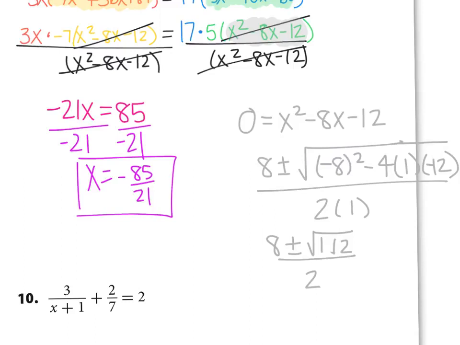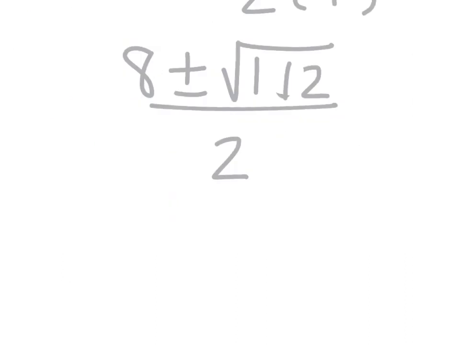I missed that problem. Okay, can we take the square root of 112? No, we don't get something nice. Can you simplify that any more? Think about what we did earlier. We looked for factors that are perfect squares in 112. So 112, what is it divisible by? 16 times 7. Great.